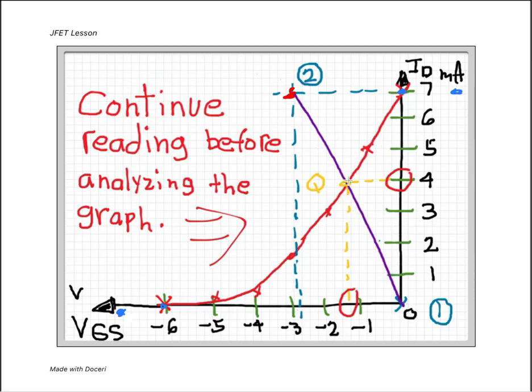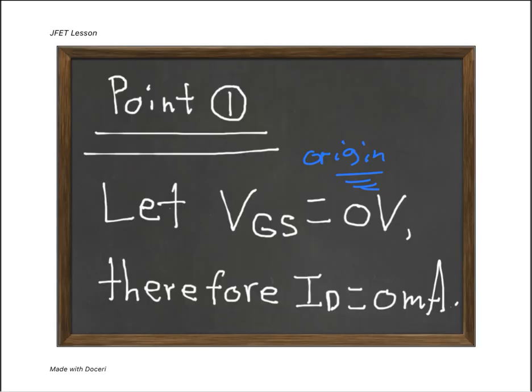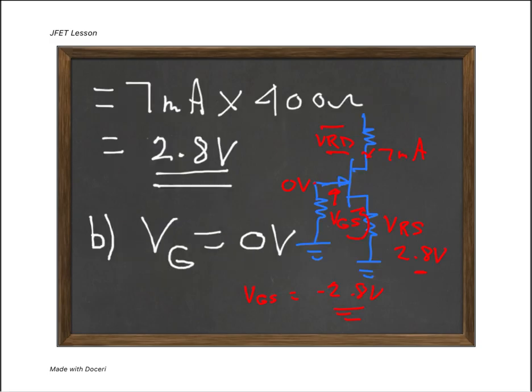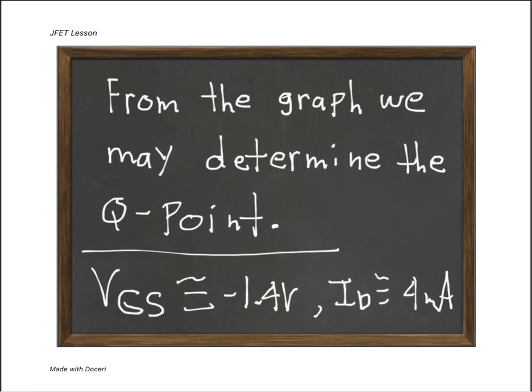Where that line touches the transfer curve, that's our Q point. So this is our actual drain current and our gate to source voltage. Okay, so that's what we're doing here. Okay, and then I'm saying this is approximately 1.4 and this is about 4. The better you do the graph, the more accurate these are going to be.